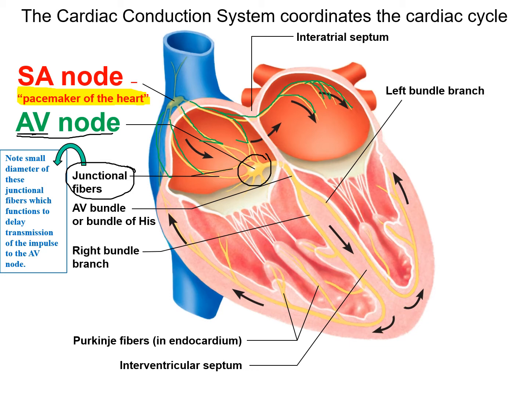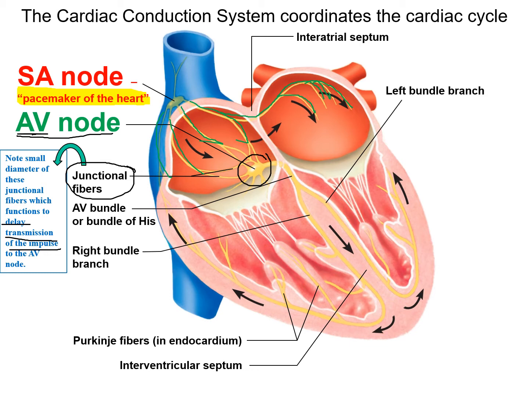And the reason for that, as indicated by the blue box here, is to delay transmission of the impulse. So there's a slight slowing down, if you will, of the impulses as they approach the AV bundle. And this is going to be important because it's going to allow for the atria to ultimately contract before the ventricles do, and allow those ventricles to fill.